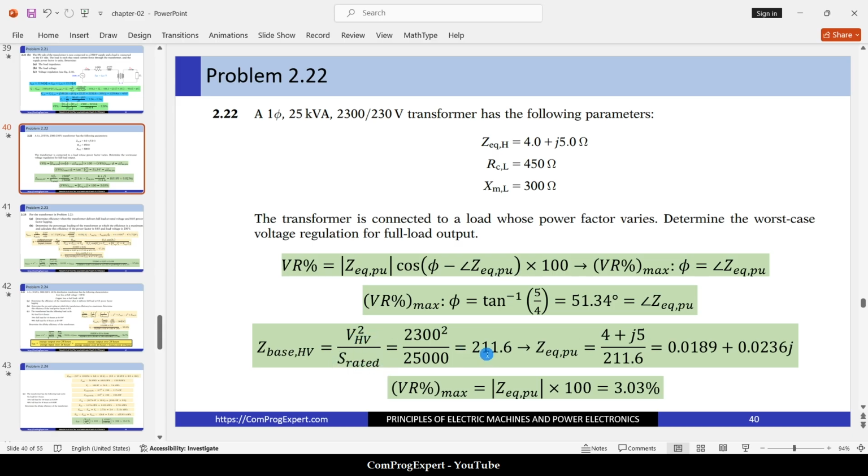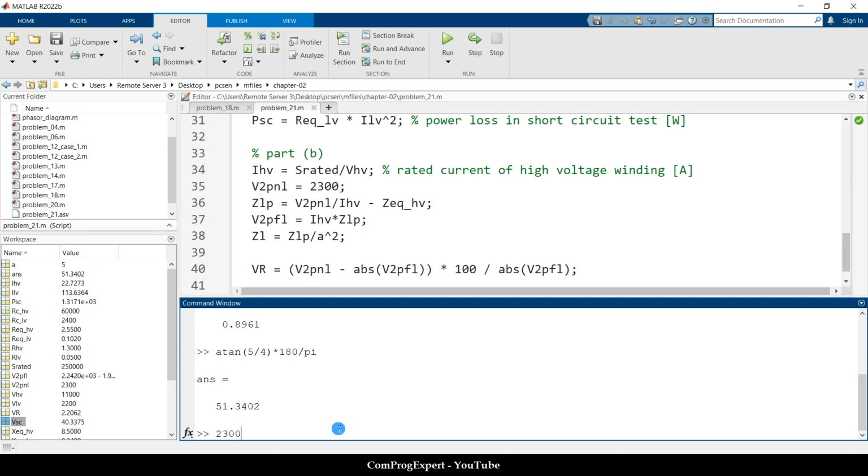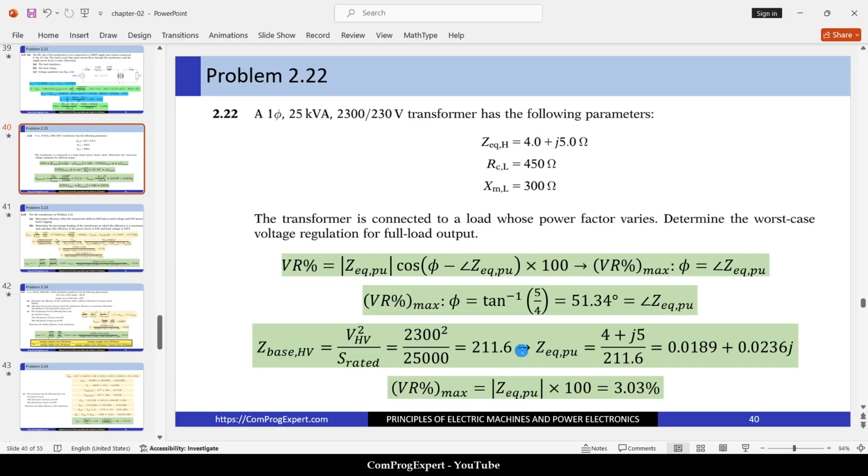If you replace the numbers, this will be the value of the Z base for the high voltage winding, equal to 2300 to the power 2 divided by 25E3, 211.6. So we can calculate the Z equivalent in per unit. And finally, we can calculate the maximum voltage regulation.